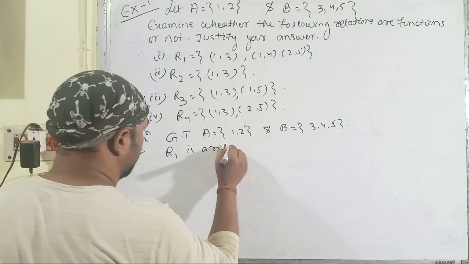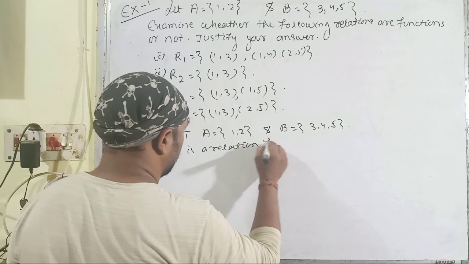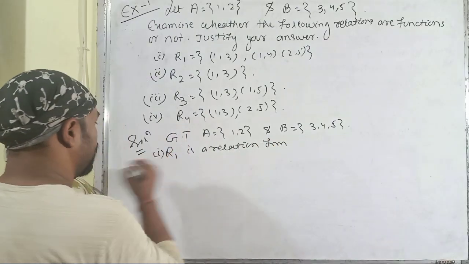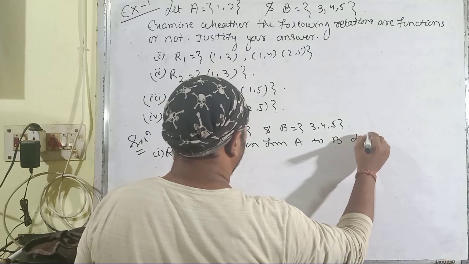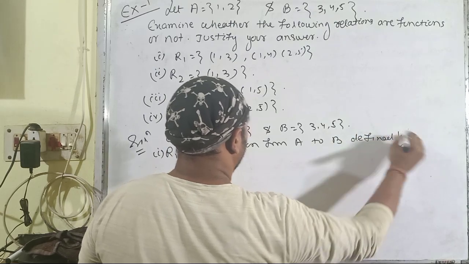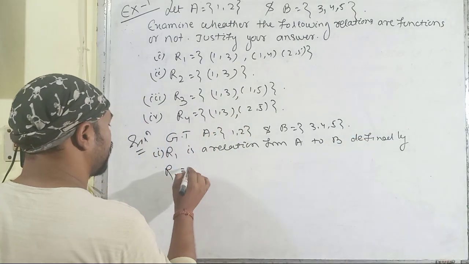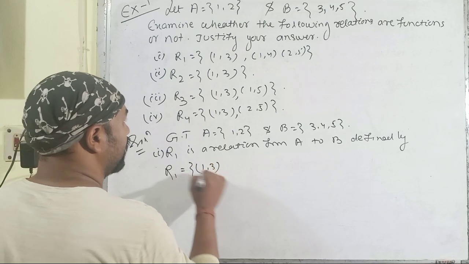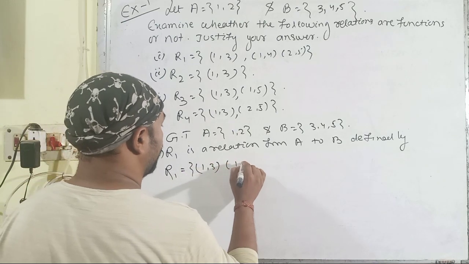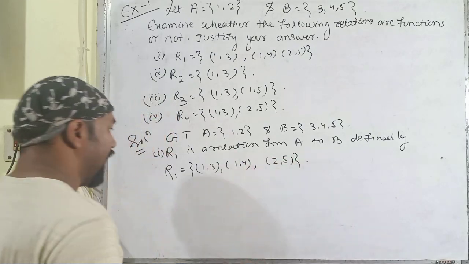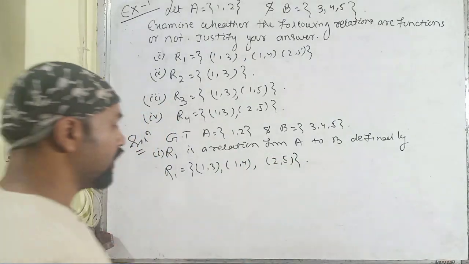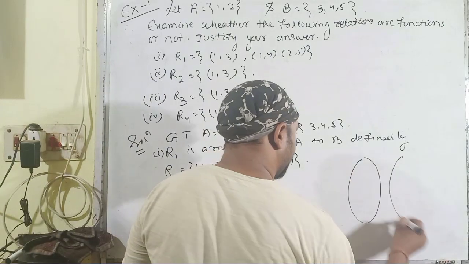R1 is a relation from A to B, defined by R1 equal to {(1, 3), (1, 4), (2, 5)}. This is the first part. We have to check whether it is a function or not.